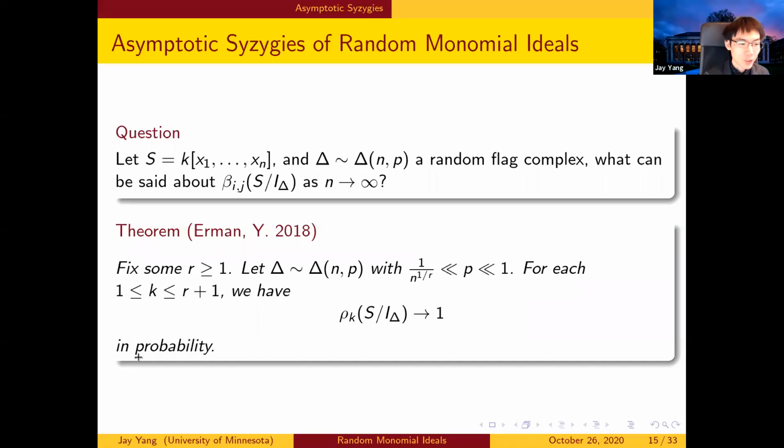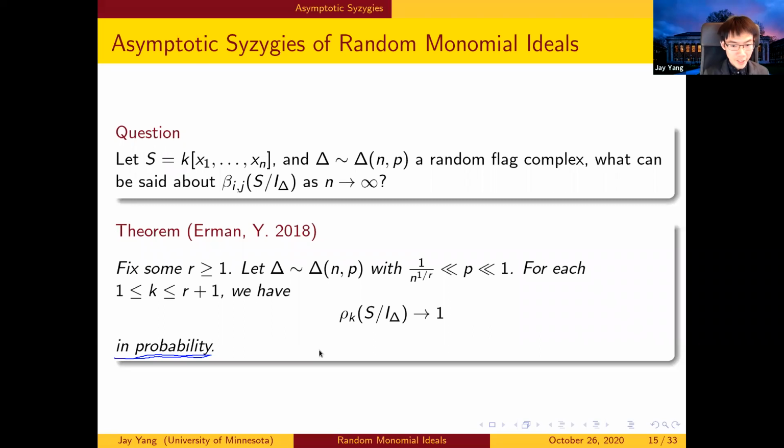I do have to add this phrase "in probability" because we're dealing with random variables, and so you have to be a little bit careful about what you mean by going off to 1. But certainly this implies the expected density goes to 1. It implies something stronger than simply saying the expected density goes to 1. It implies that almost all choices go to 1. Okay.